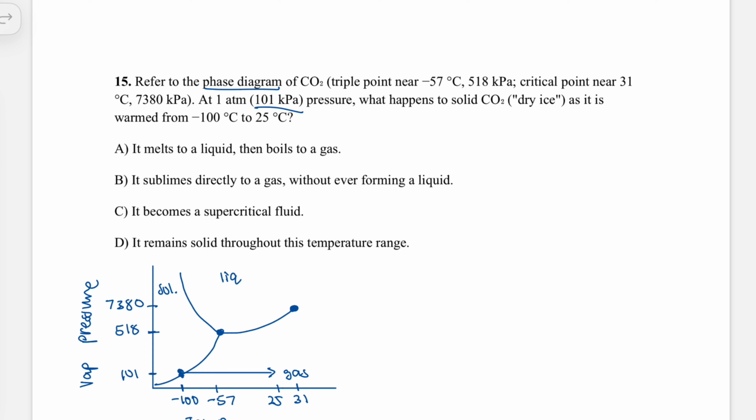It's going from this point to this point. So what happens here? It goes from solid, because this point is in the solid region, and it goes to the gas region. So this means that it's option B. It sublimes directly to a gas without ever forming a liquid, because it doesn't pass this point. If it went like this, it would mean it has to go to liquid first in order to become gas. Down here, it's just sublimation.